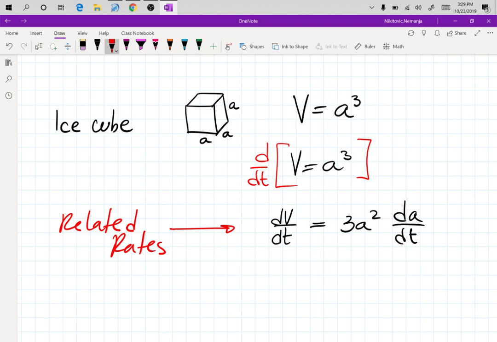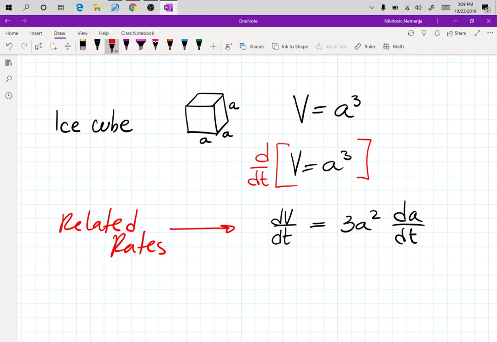It depends on what is convenient to measure, and then this equation will calculate the other rate that you need. Obviously, a melting ice cube is nothing special. We're going to put some applied examples that actually make sense and see these things at work.